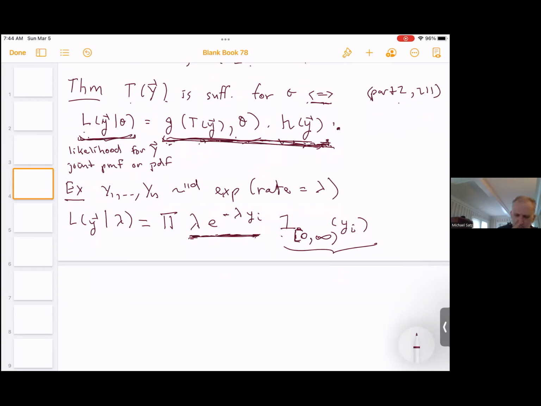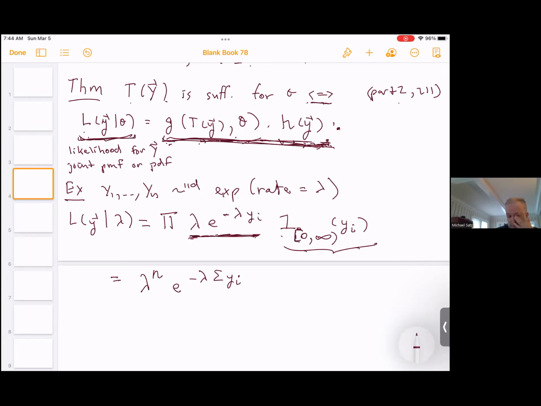And we can do this now. What do we get? We get lambda to the n, e to the minus lambda, and I can factor out the sum of y_i. For this part, I think I can just leave it the way it is.